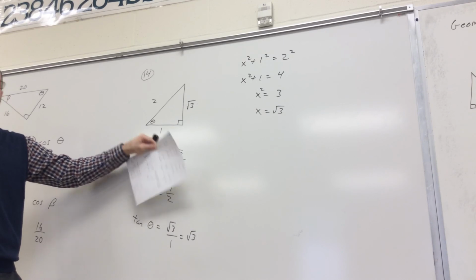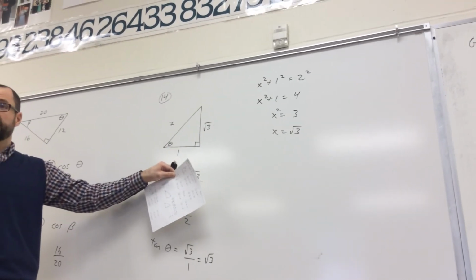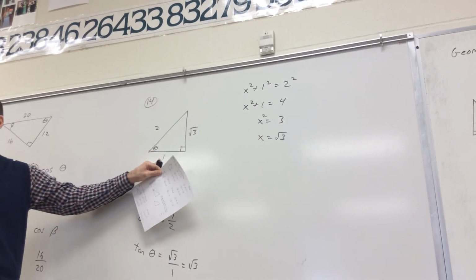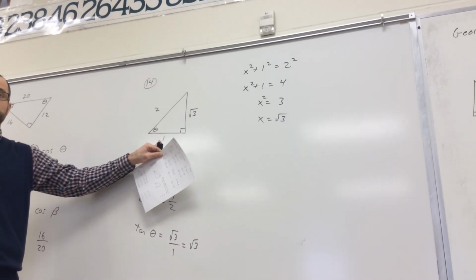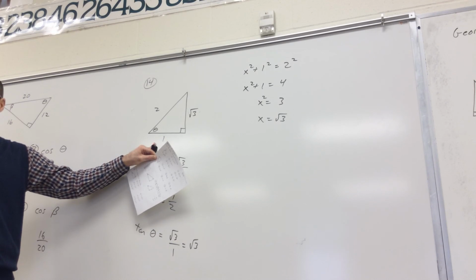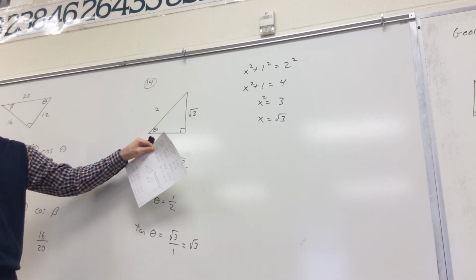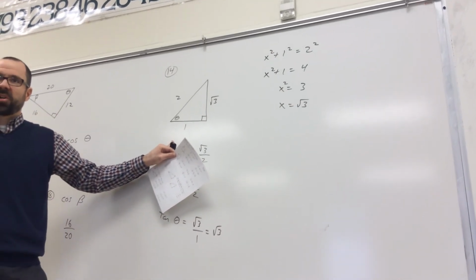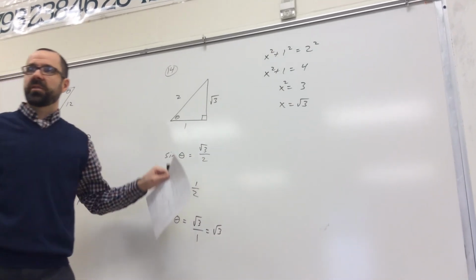What triangle has a hypotenuse that's double one of the legs and a leg that's square root of 3 times the other leg? Yeah, the 30, 60, 90, right? So this is a 30, 60, 90 triangle. Turns out theta is 60, and that's 30. I'm just bringing it in from last week to jog your memory over the weekend about the 30, 60, 90s.